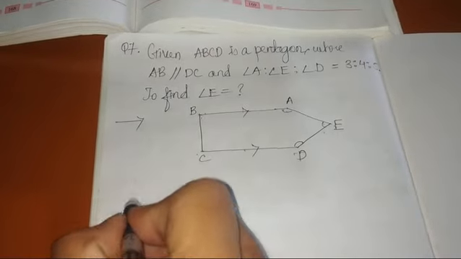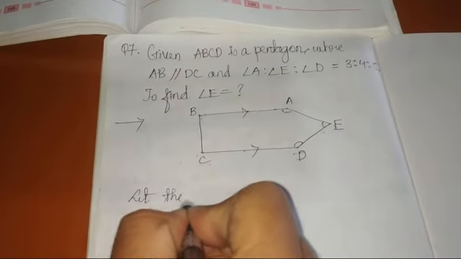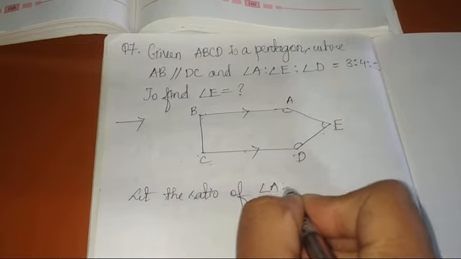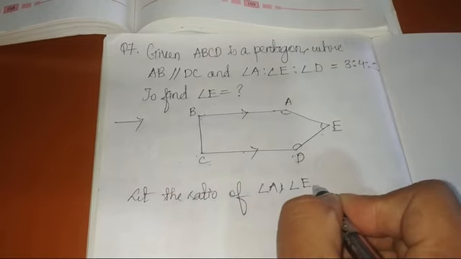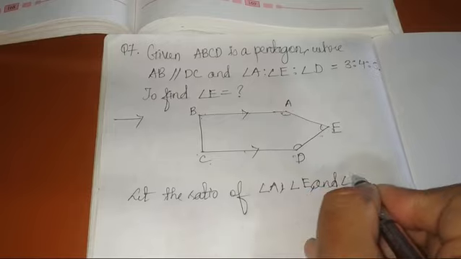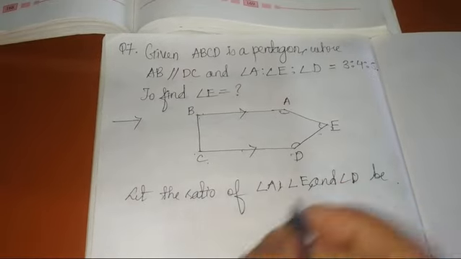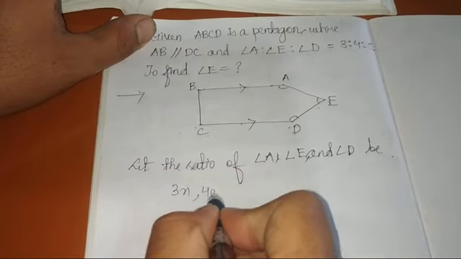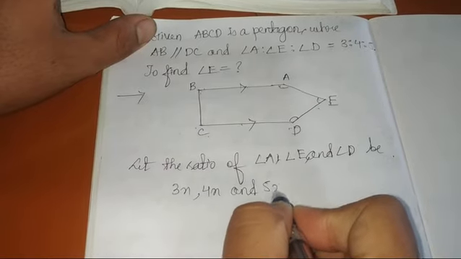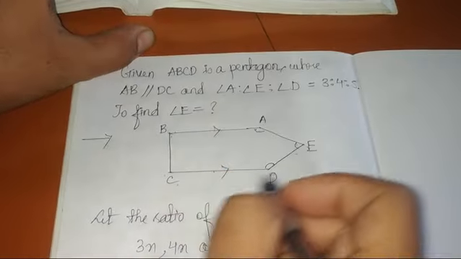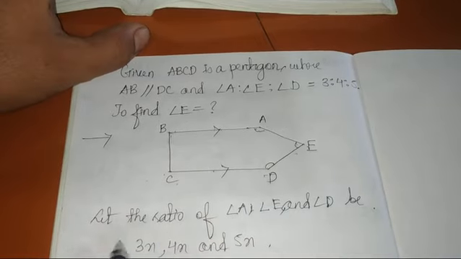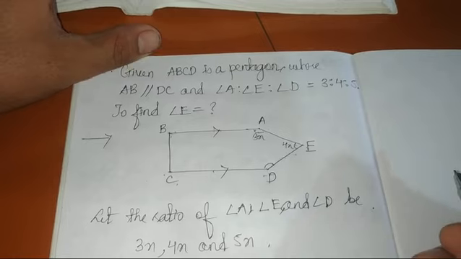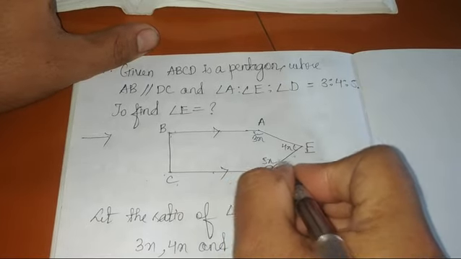Let the ratio of angle A, angle E, and angle D be, since it is a ratio, the same variable has to be used: 3x, 4x, and 5x. So according to the given condition, we are assuming angle A as 3x, E as 4x, and D as 5x.